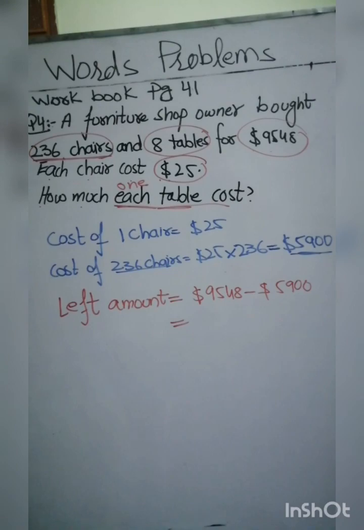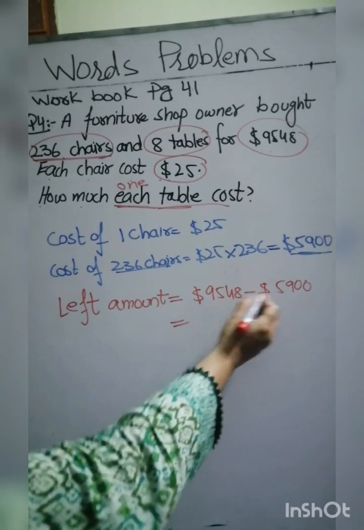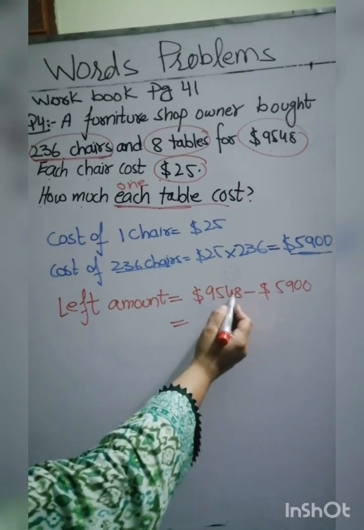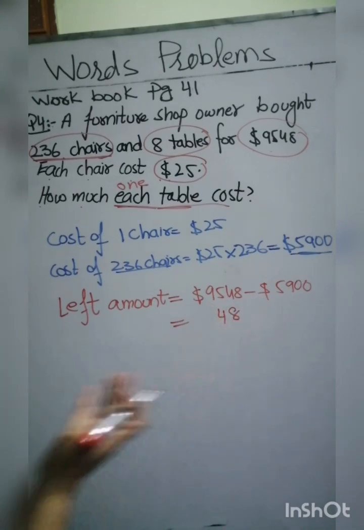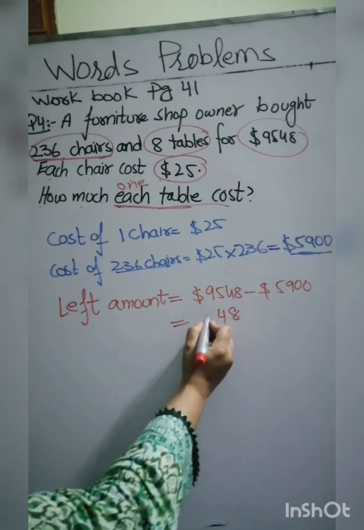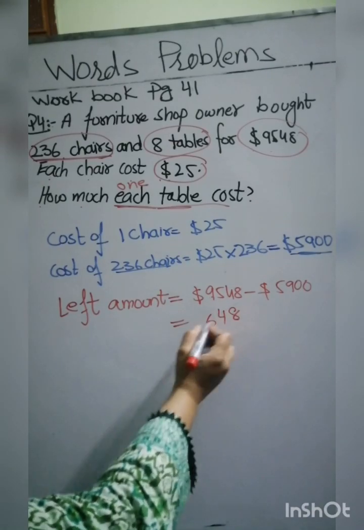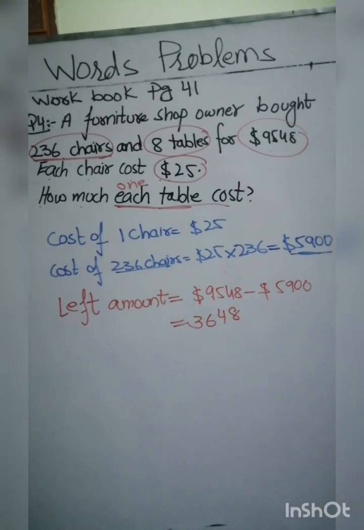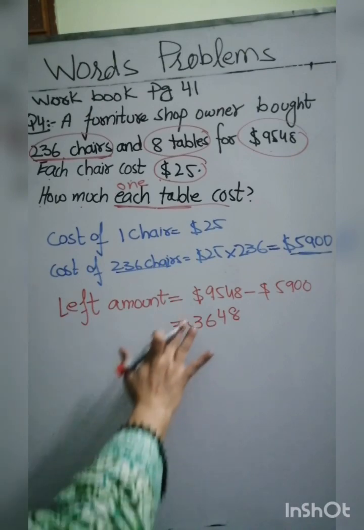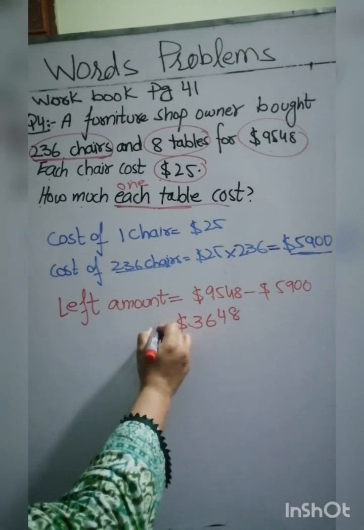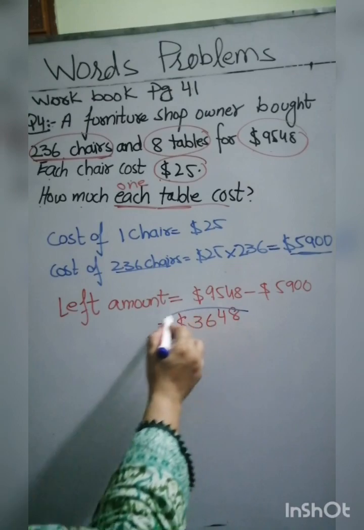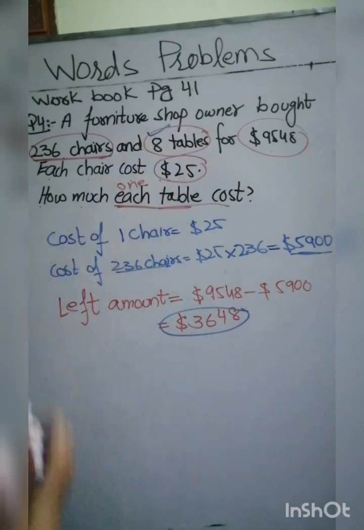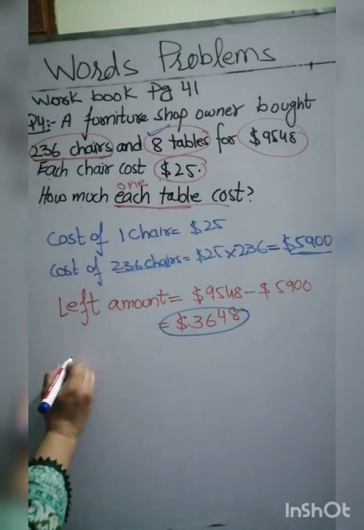When we subtract these two values, we get $3,648. This is the left amount. In other words, this is the amount of 8 tables.